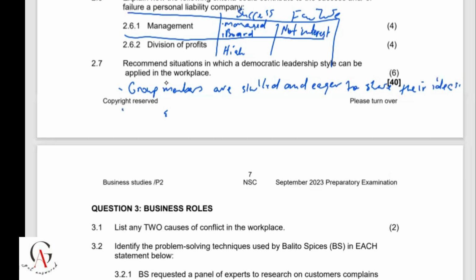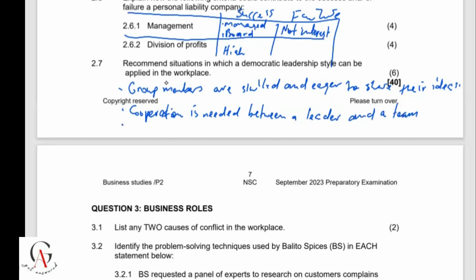And also, we are saying that cooperation is needed between a leader and a team.